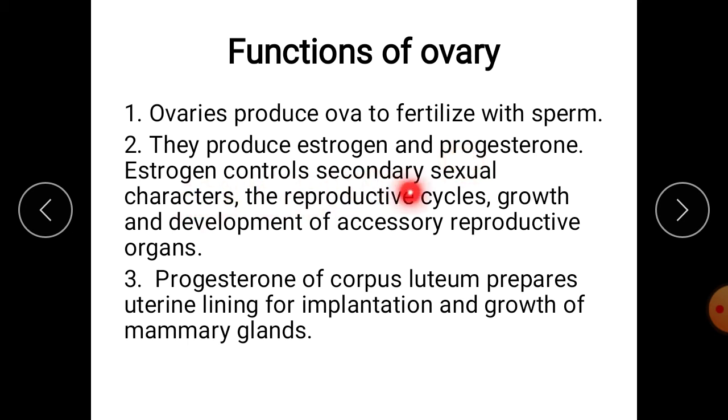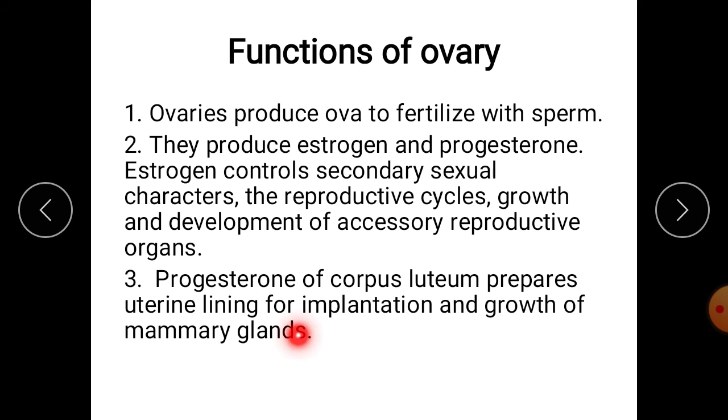Estrogen controls secondary sexual characters. Secondary sexual characters means development of female reproductive organs like mammary glands, development of body structure, female body structure. All these are controlled by estrogen and progesterone also. The reproductive cycles, growth and development of accessory reproductive organs are under the control of these two hormones. Progesterone of corpus luteum prepares uterine lining for implantation and growth of mammary glands.